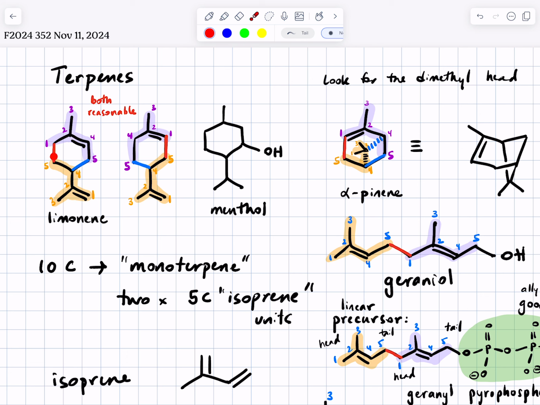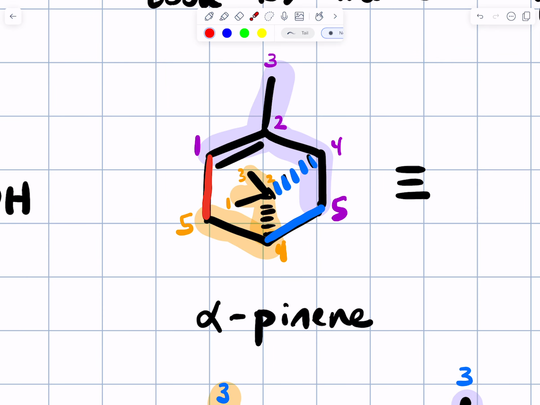Look at the red bond between orange 5 and purple 1. That's the same in limonene as it is in alpha-pinene. Look at the blue bond between orange 4 and purple 5. That's the same. In fact, the only new thing here is this blue bond between orange 2 and purple 4.